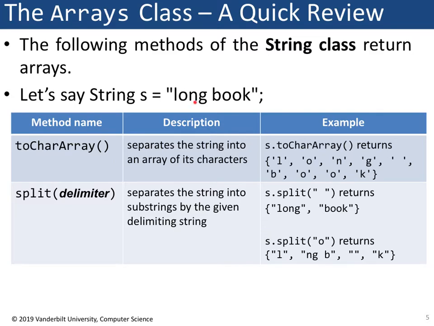Then we have ng space b, then we encounter an o, so there's a split. So we have finished our second string. Then immediately we have another o. So that means we are split again. So the contents of the string that we have now created between these two delimiters is empty.